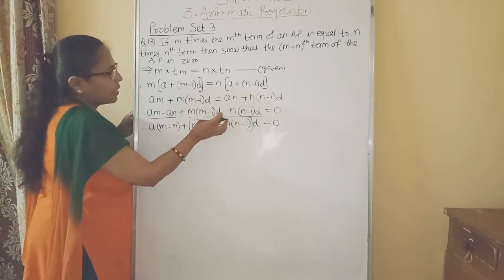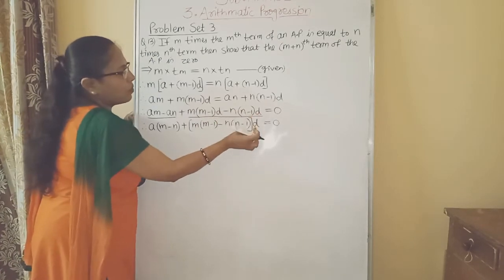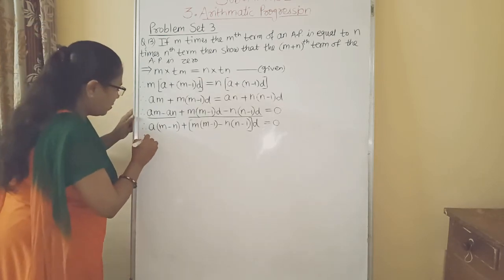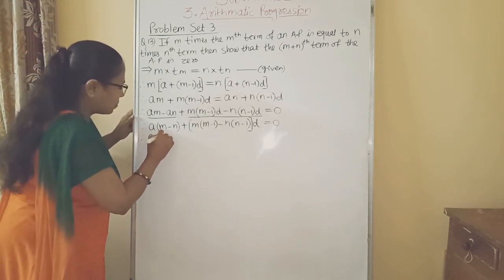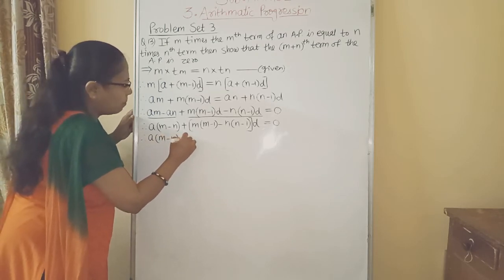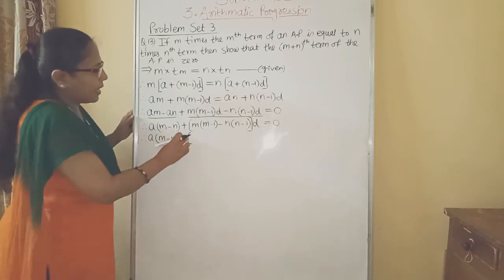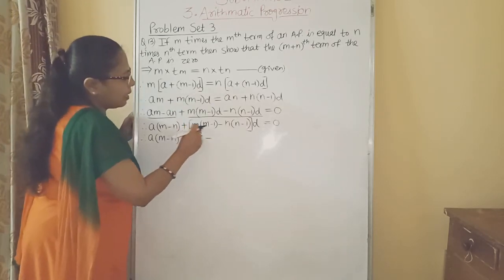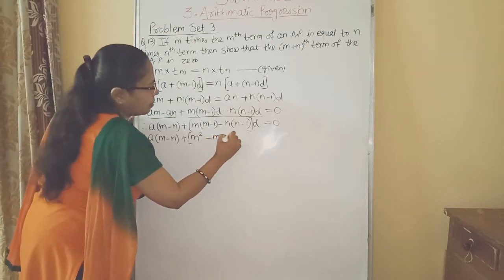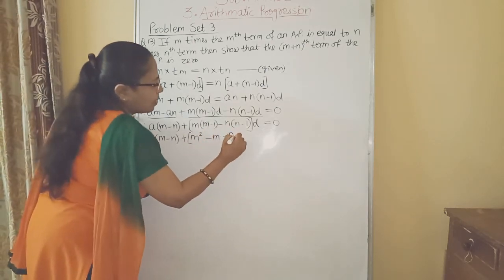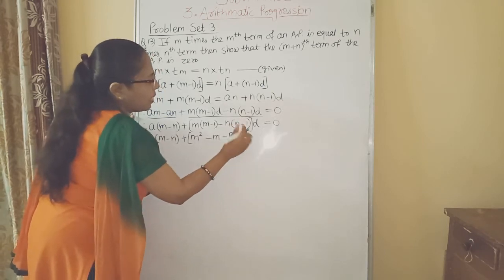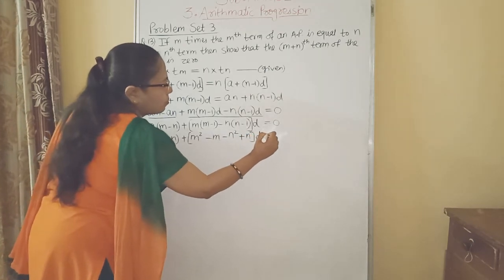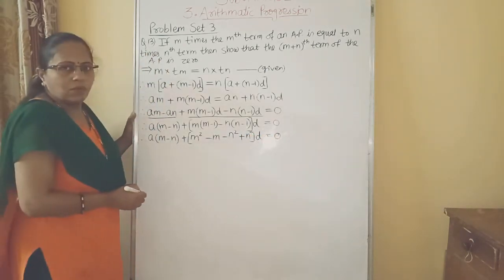Now this will remain as it is, plus, now we have to multiply this bracket: m into m square minus m into 1, m, minus n into n square, minus into minus plus n into 1, n, close the bracket, into d equal to 0.